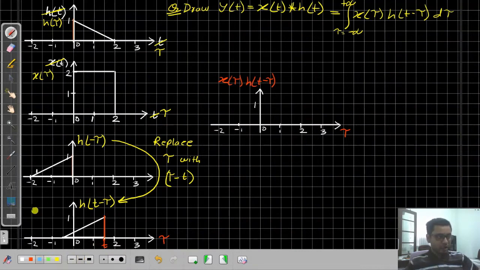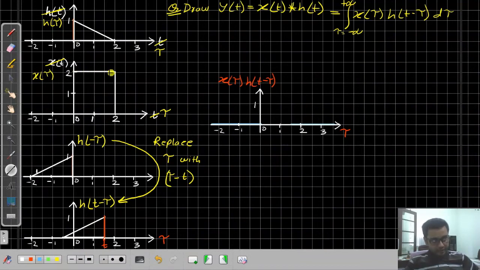So let me draw from minus infinity to here, product is 0, then from this point t, which is somewhere here, after this point the product is again 0, and between these 2 points the product will be this signal multiplied by this signal.